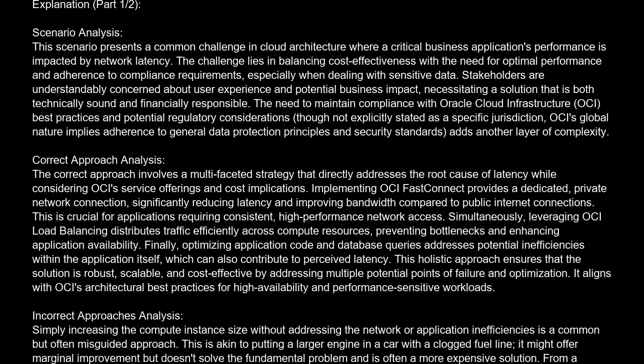Simultaneously, leveraging OCI load balancing distributes traffic efficiently across compute resources, preventing bottlenecks and enhancing application availability. Finally, optimizing application code and database queries addresses potential inefficiencies within the application itself, which can also contribute to perceived latency. This holistic approach ensures that the solution is robust, scalable, and cost-effective by addressing multiple potential points of failure and optimization. It aligns with OCI's architectural best practices for high availability and performance-sensitive workloads.